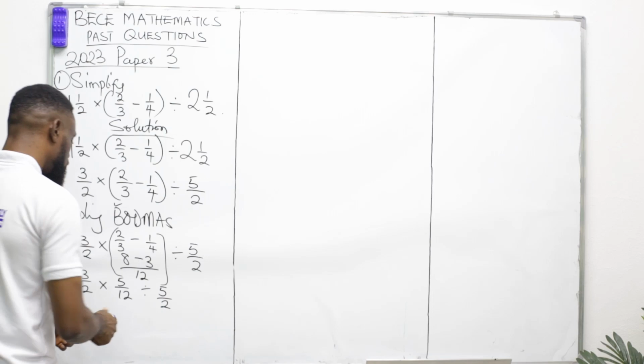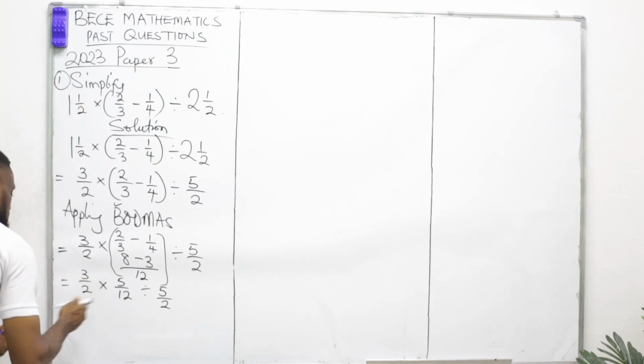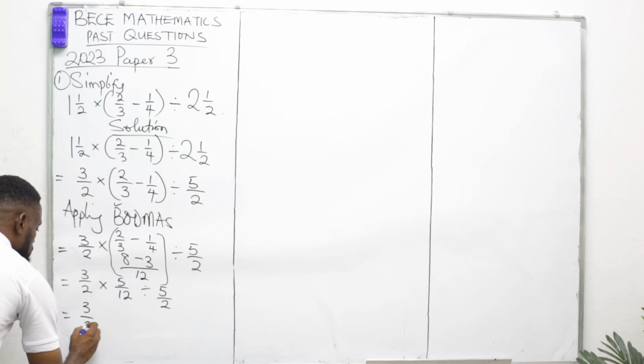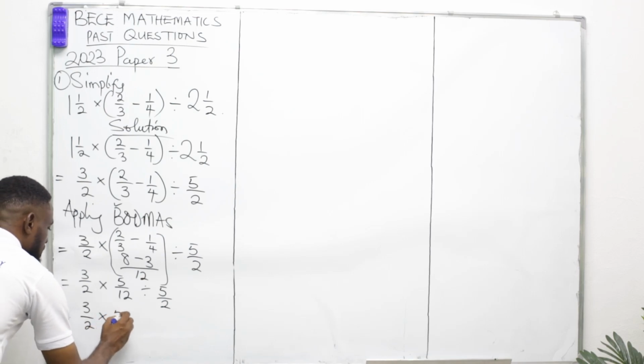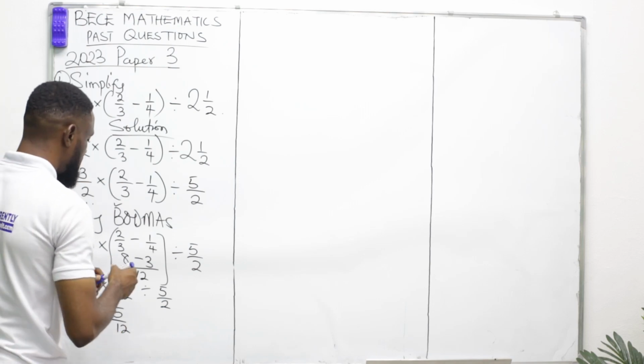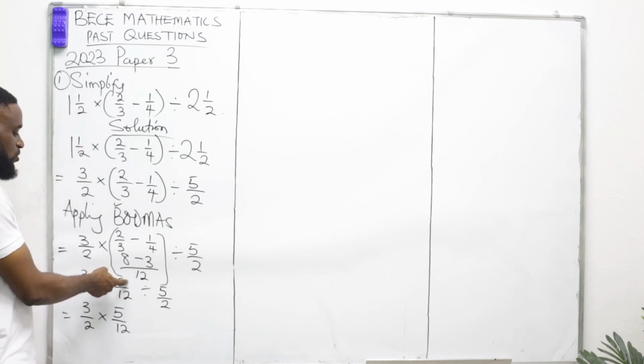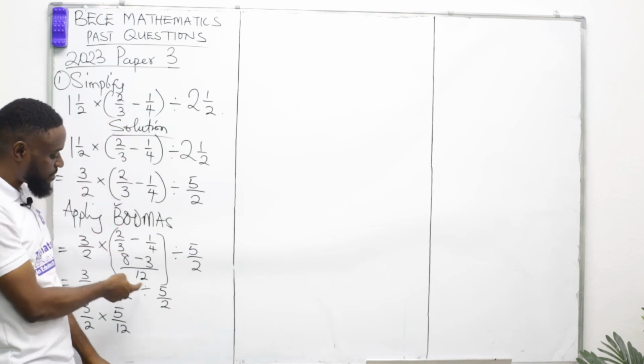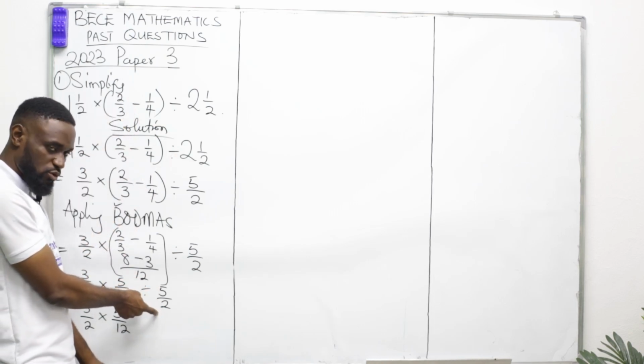So let's deal with this. This will be equal to 3 over 2 times 5 all over 12, right? Now we said when this 5 over 12 as a fraction is being divided by 5 over 2, do you understand?